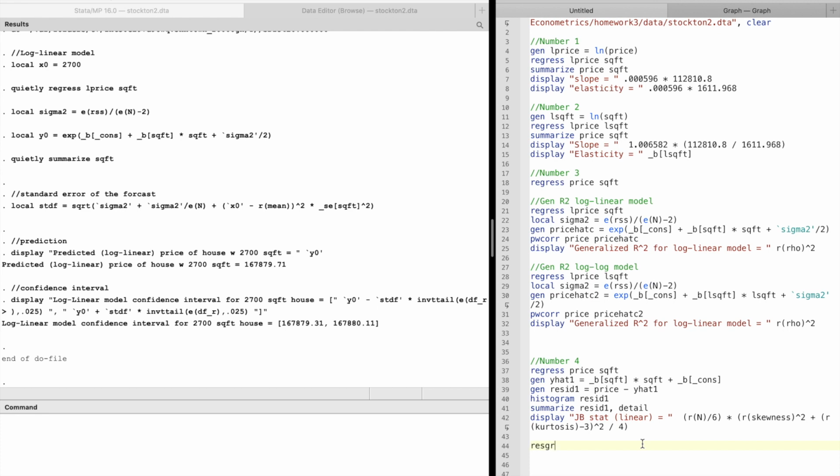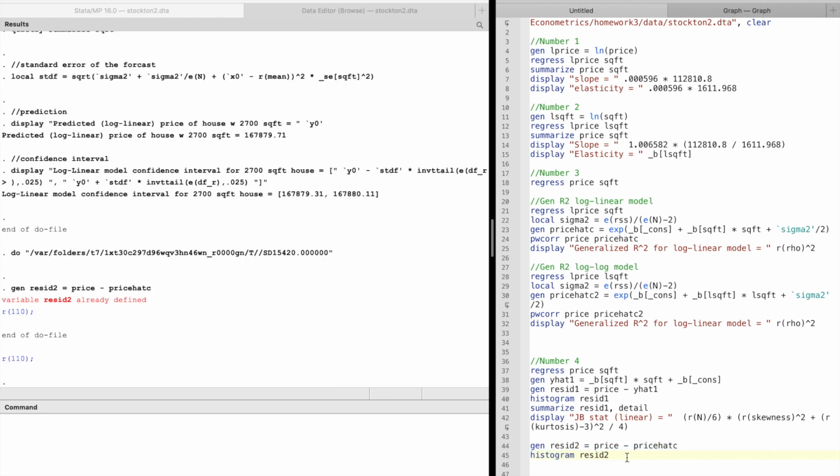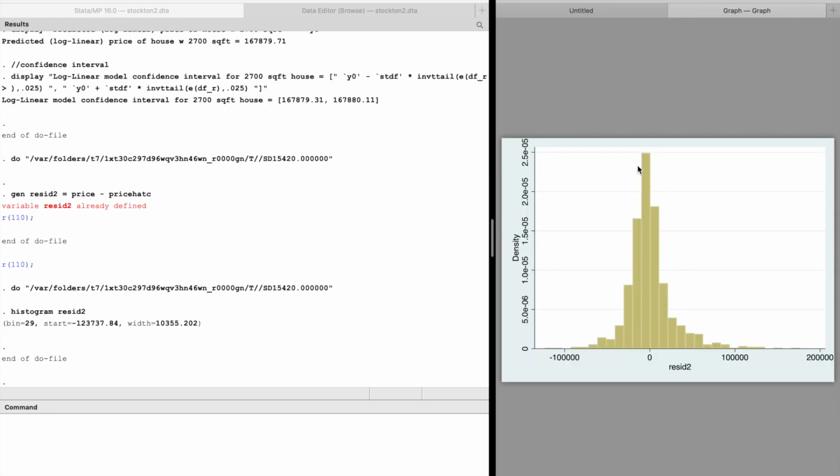So first, resid 2 is price minus price hat corrected, so the difference between our observed value and predicted value. And we're going to histogram resid 2.